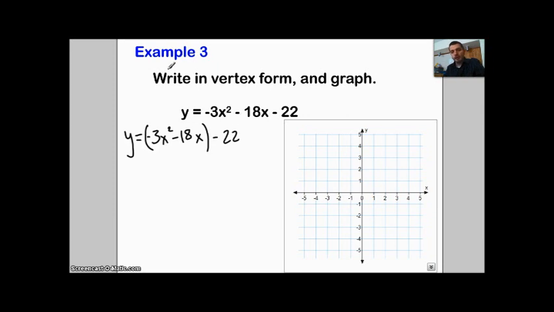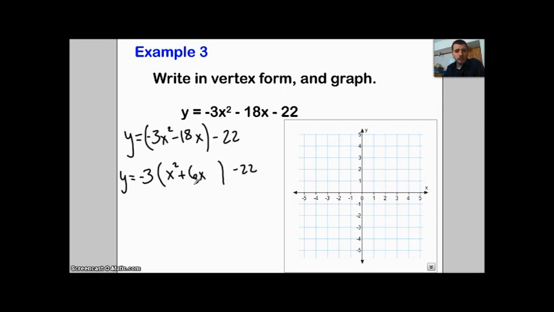Now you see that both of these terms have a -3 in common. So now it's going to be y equals, pull out a -3, parentheses, change the sign, x squared plus 6x. Now leave some space, minus 22.